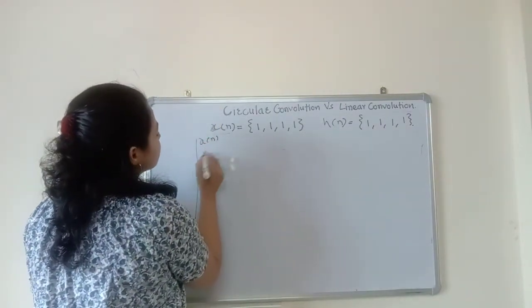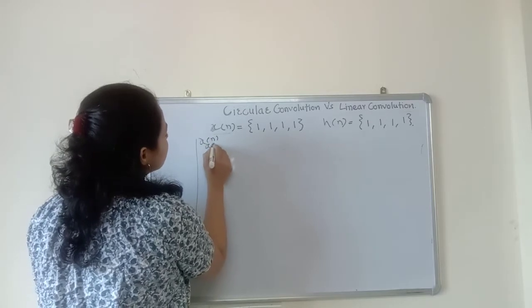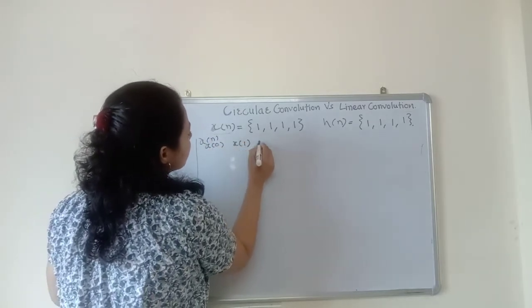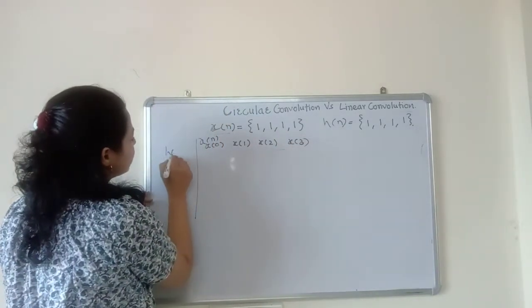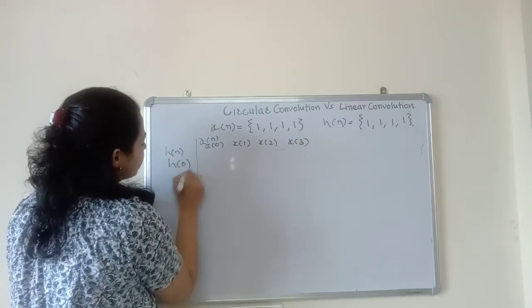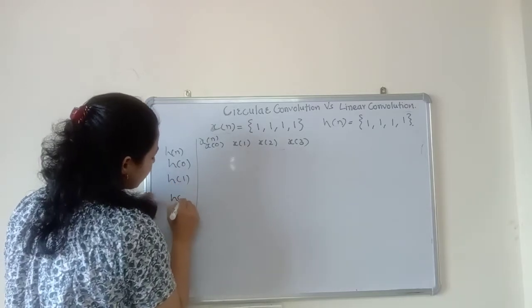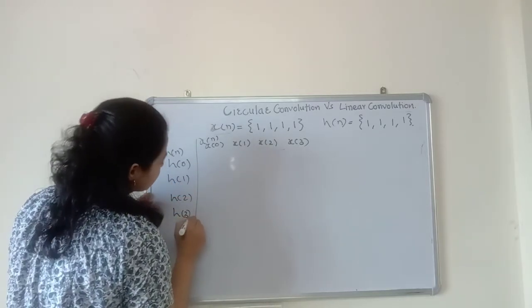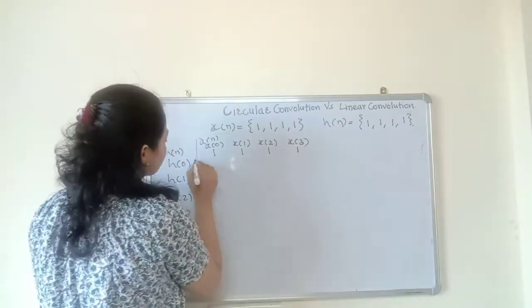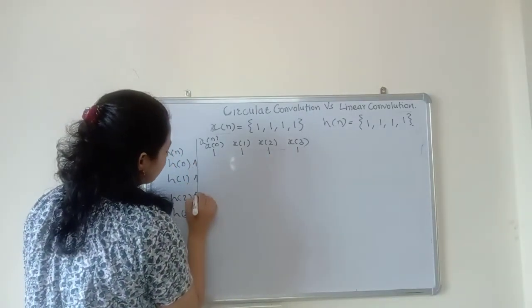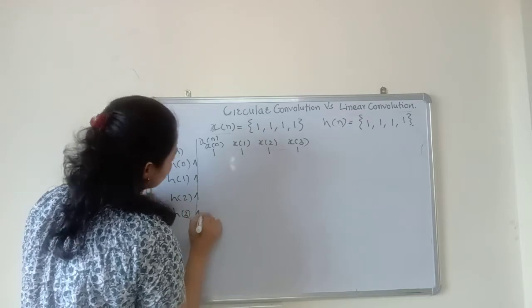So write the sequence x of n here: x0, x1, x2 and x3. Write h of n: h0, h1, h2 and h3. We'll write the samples here: 1, 1, 1, 1, and this is also 1, 1, 1 and 1.